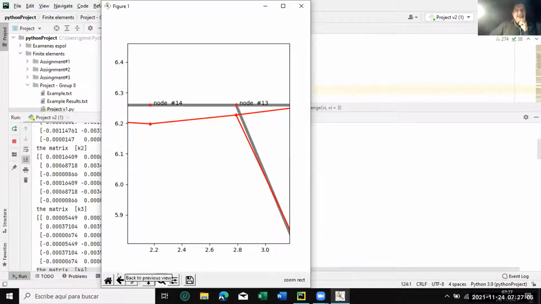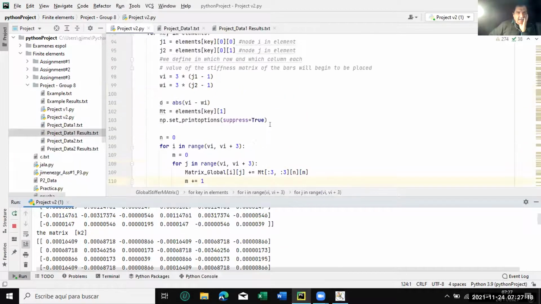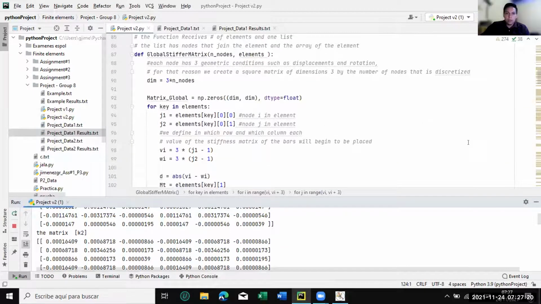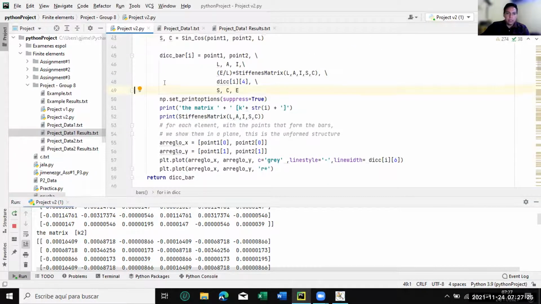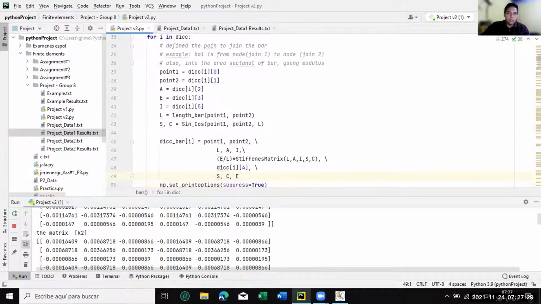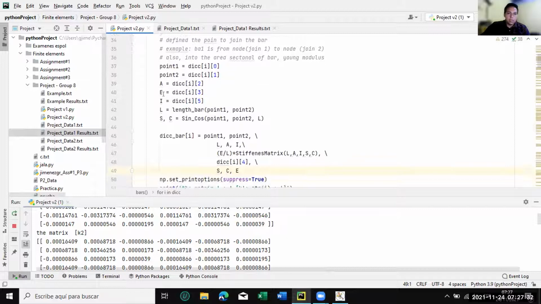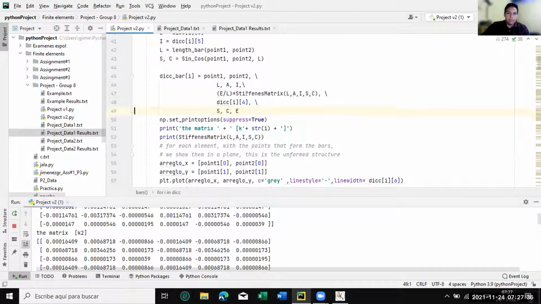Can you explain to me in the program where this part of the code is being implemented? For this part, yes, for the graphics. First, we have these parts. For each element, we create the dictionary of the points and mechanical characteristics. It gets these different metrics.